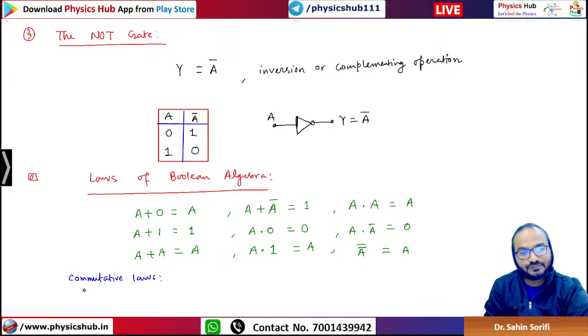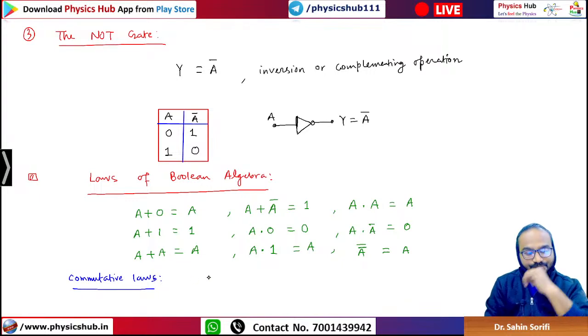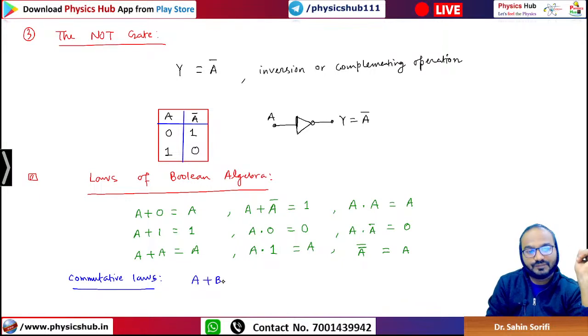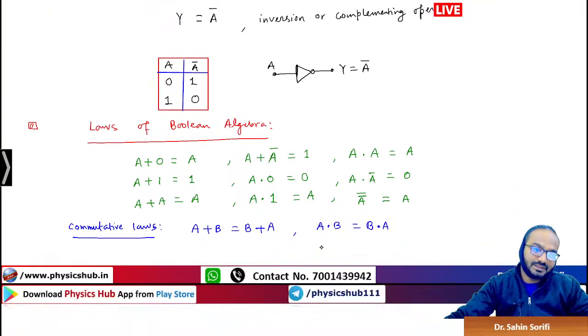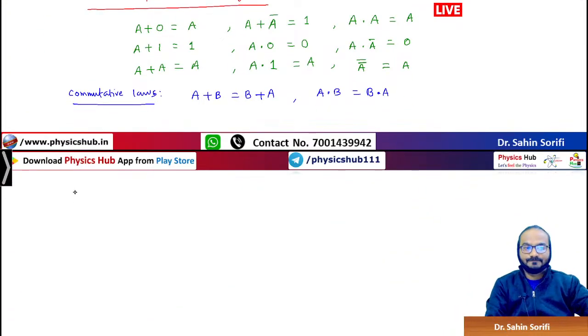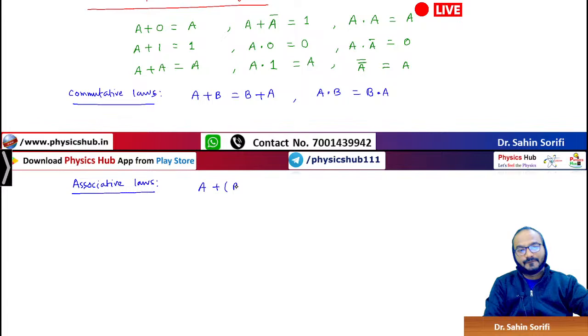Commutative laws: A plus B is the same as B plus A. A dot B is the same as B dot A. Then we have associative laws: A plus B plus C is equal to A plus (B plus C).